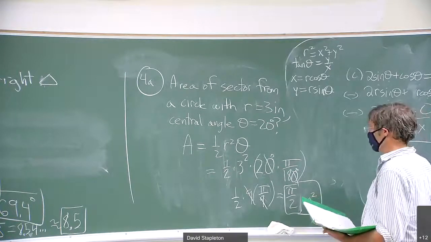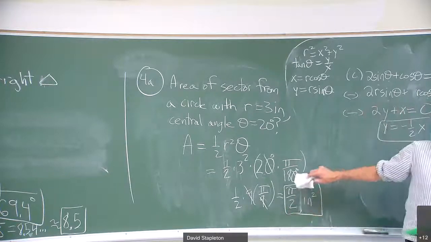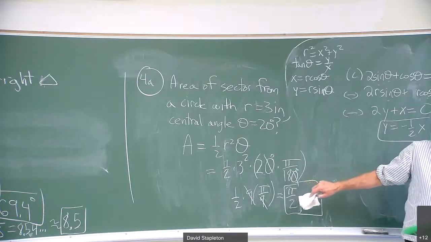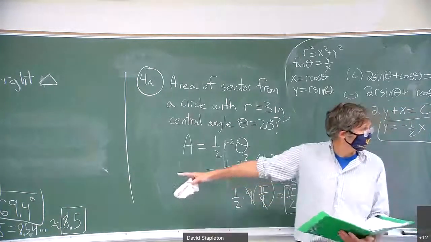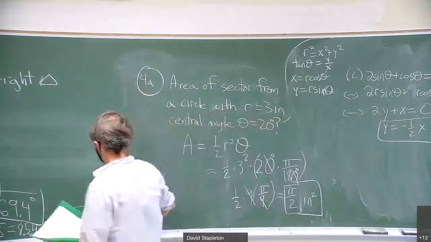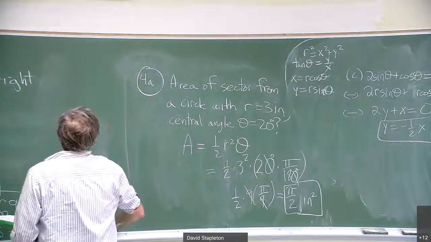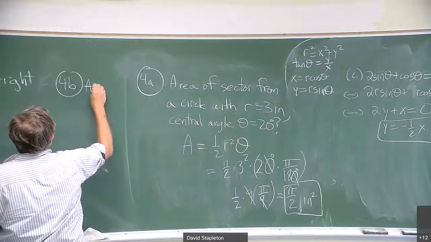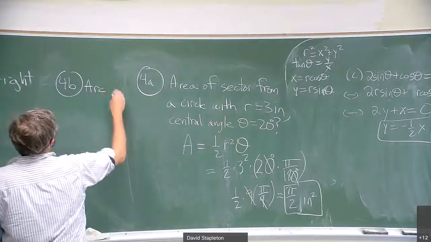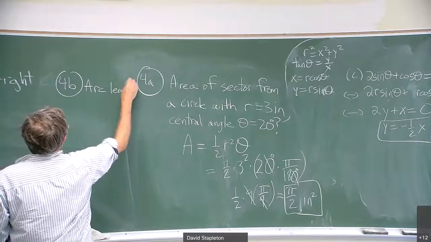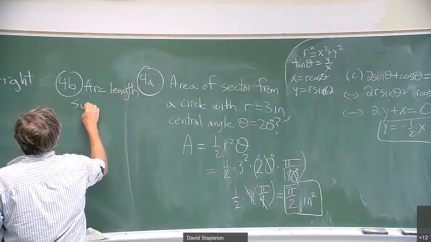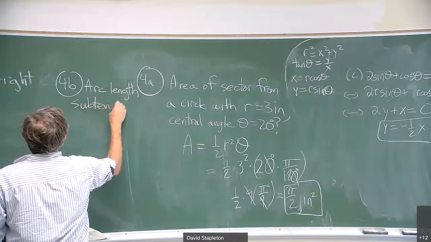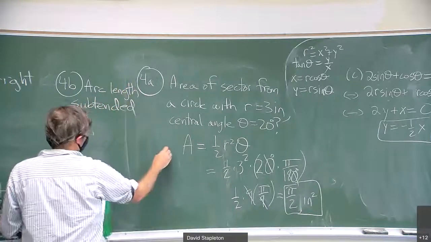And for B, similarly, 4B, what's the arc length subtended with the same angle in the same circle? All right, so we've got this picture.